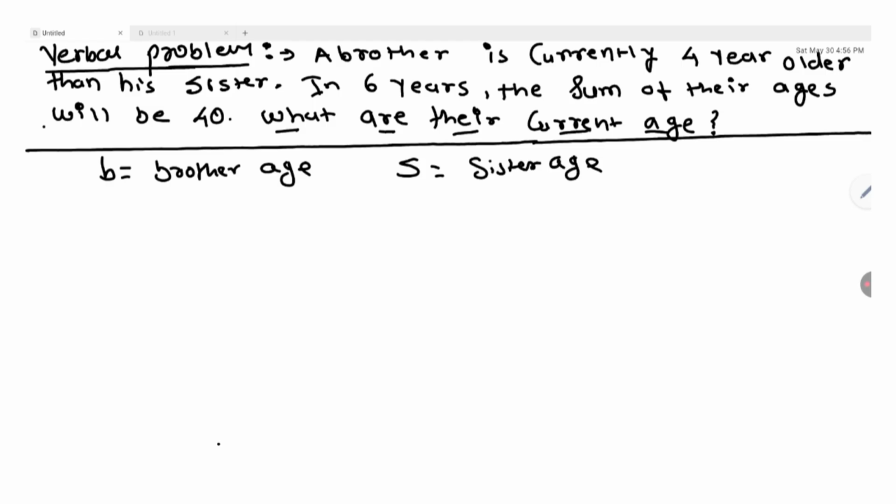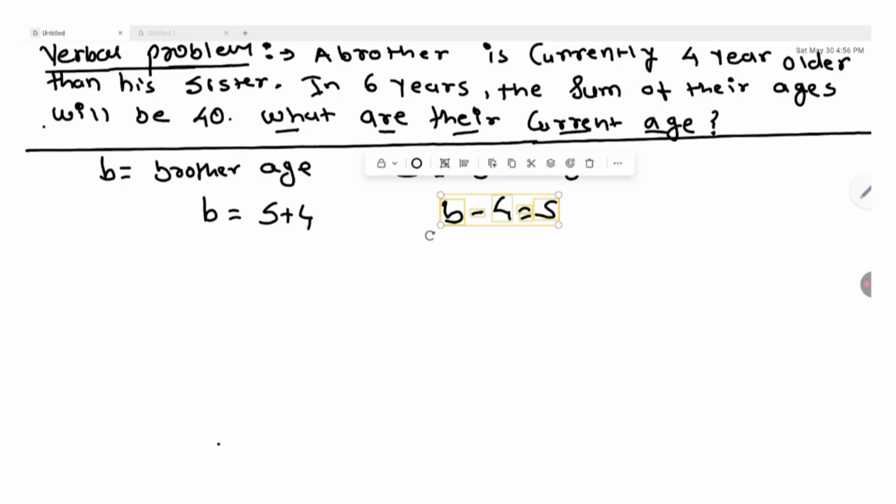Okay. Now, as per the first condition, a brother is currently 4 years older than his sister. So I will write B equals S plus 4. As we have to add the 4 years to the sister's age to equate this condition, somebody can write it like this. Both are the same. Doesn't make a difference. It's just a different way to represent it.